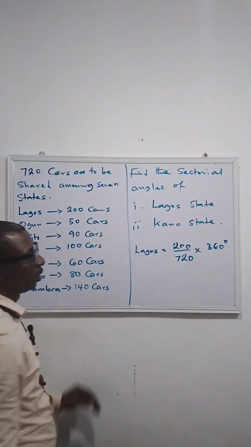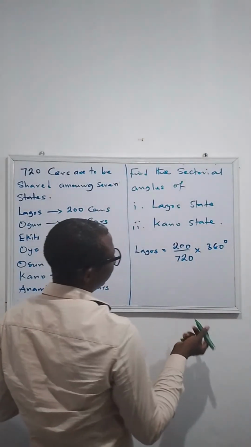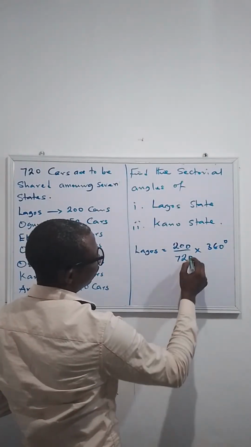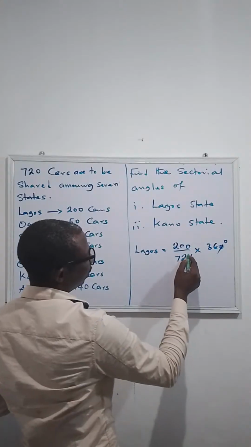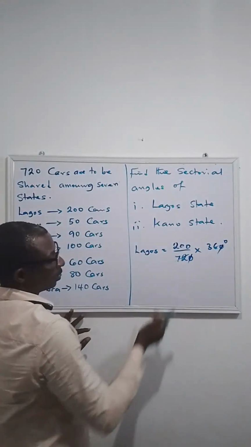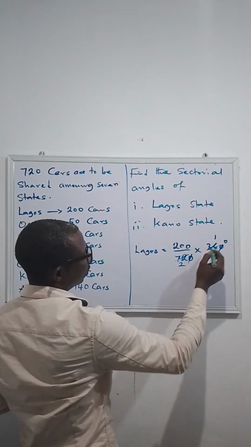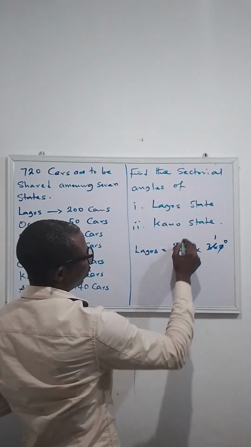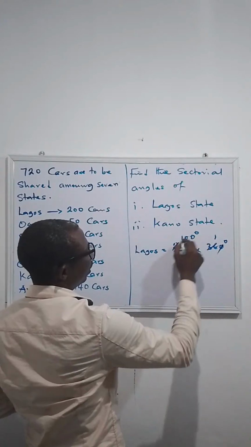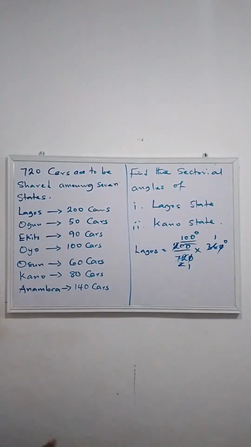Okay, so when you simplify, we cancel this, and 36 goes here is 2, 36 goes here is 1. Okay, so 2 goes here 1, 2 goes here 1, so we have 100. So 100 degrees. So that's how to do that.